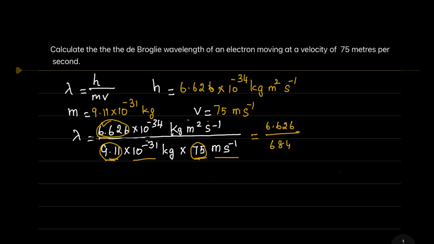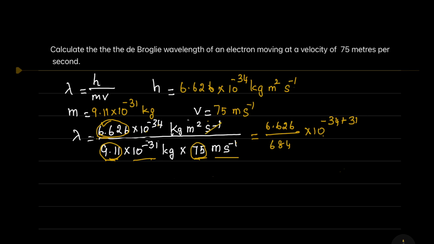And for the exponential part, that is 10 raised to the power of minus 34 divided by 10 raised to the power of minus 31. 10 raised to the power of minus 31, which is present in the denominator side, if you bring it to the numerator side, the sign will change and it will become 10 raised to the power of minus 34 plus 31. All of you know that on further simplification, this will give the value 10 raised to the power of minus 3.